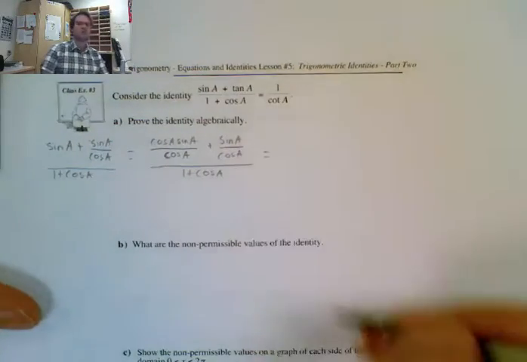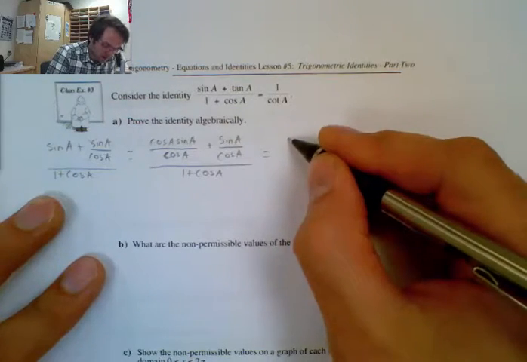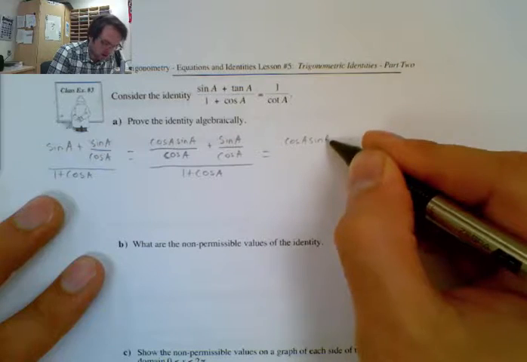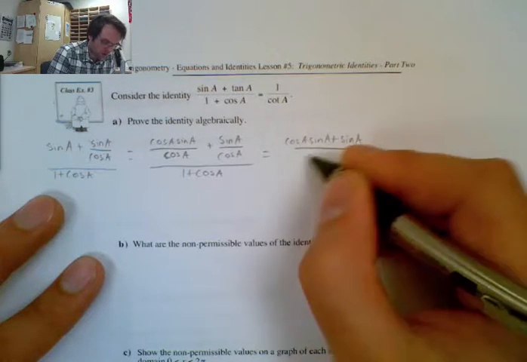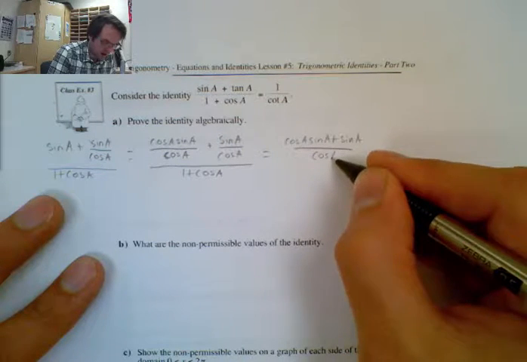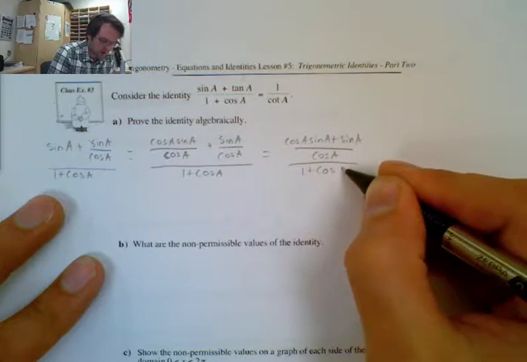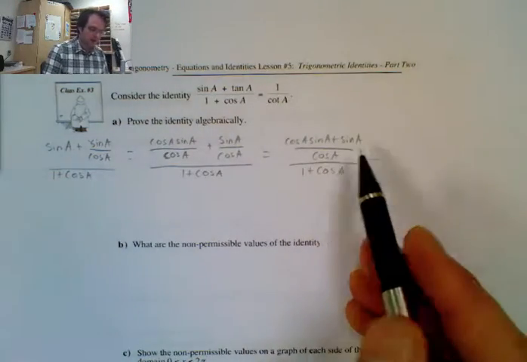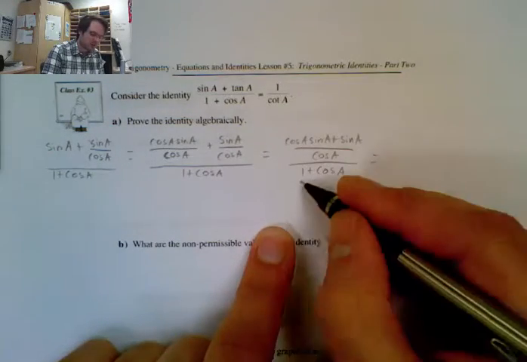Now I'm going to continue this here, and we end up getting cosine a sine a plus sine a all over cosine a all over 1 plus cosine a. Okay? Now, looking at this, I'm going to rearrange this as a multiplication statement because this is over 1.